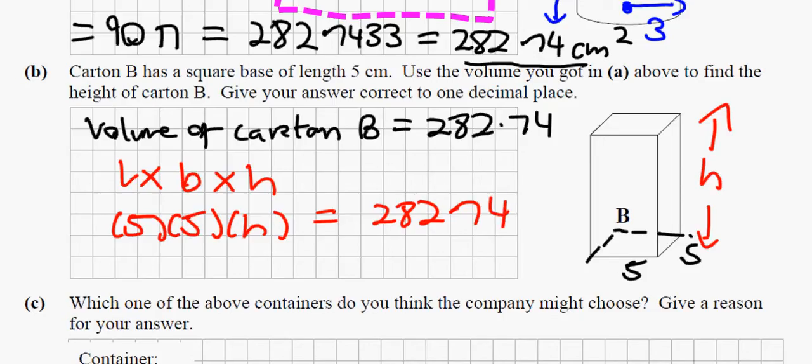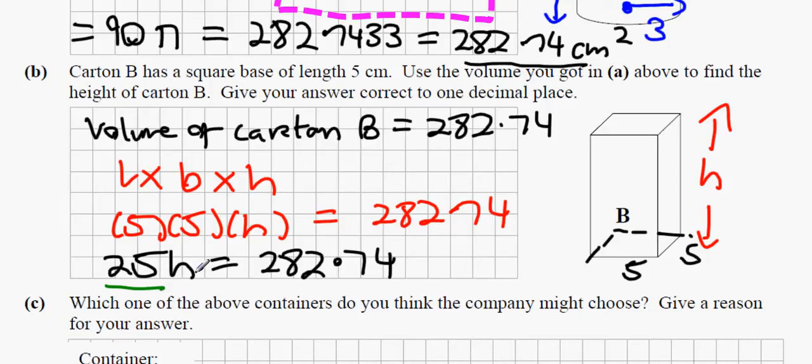Next, 25h must equal 282.74. We need to get h on its own. 25 is multiplied on the left, which means when we bring it over to the right-hand side, it has to turn into divide. So h is going to be 282.74 divided by 25.